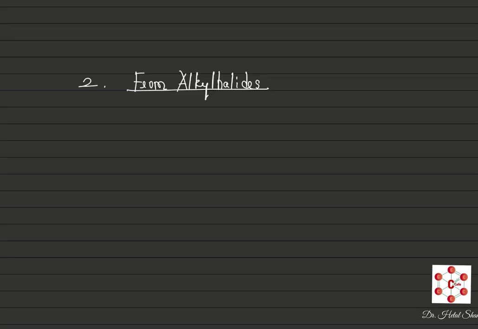Okay. Now, the second reaction is from alkyl halides. There are many different ways by which alkanes can be prepared from alkyl halides. So, pay attention. We would take up the first one.